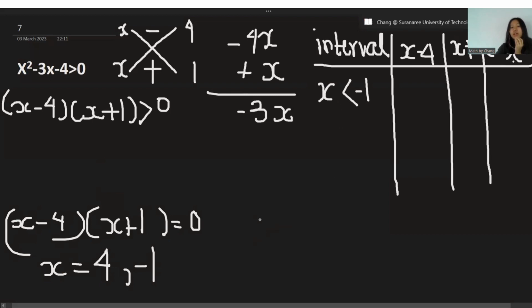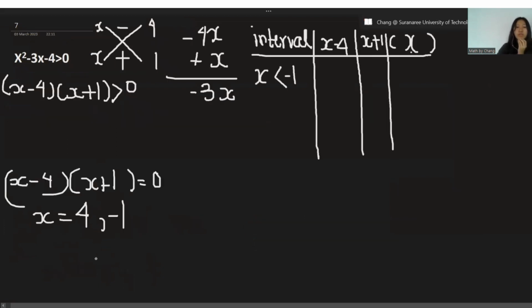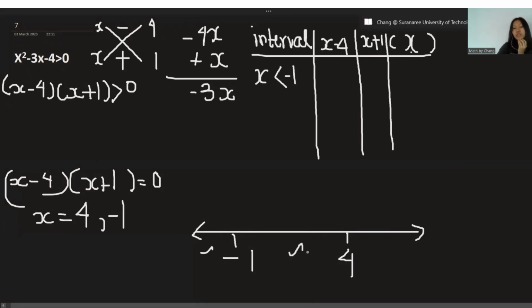Okay, let me draw the number line here. Here will be the number line. All right, so this is minus 1 and this is 4, right? So you have to consider, first, x less than minus 1, and also x greater than 4.